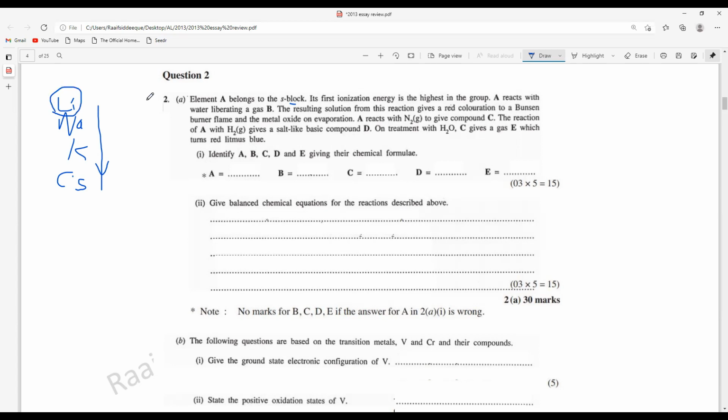No other option. By reading the first statement, you should be able to understand this is lithium. So element A is lithium.